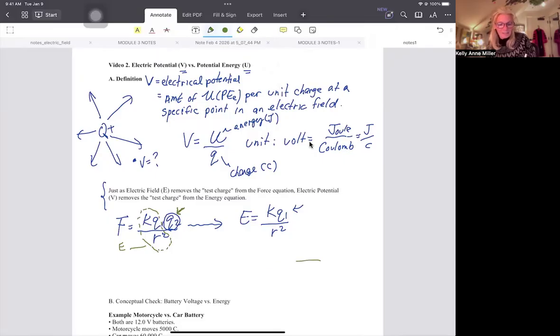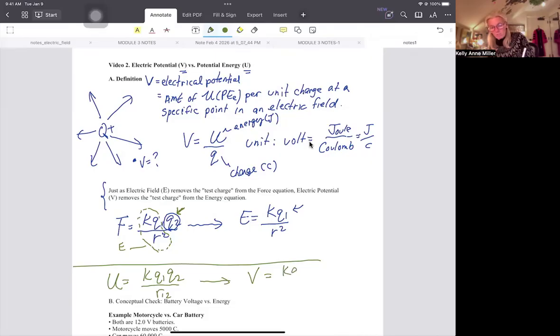It's exactly the same analogy between electric energy and electric potential. Remember in the last video, we said electric energy is Q1 times Q2 divided by the separation between those two charges, R1,2. Well, to go from electric energy to electric potential, I also get rid of that second charge.